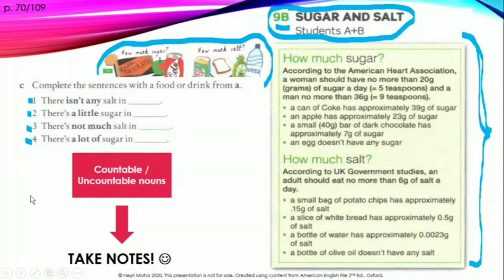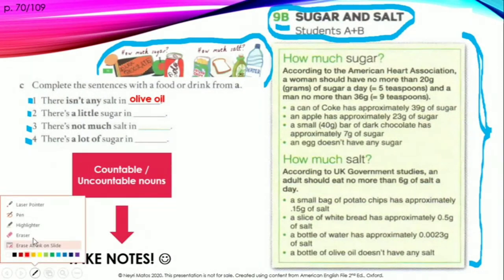Let's check. So let's see here in this text how much sugar or salt or other things we have in these kinds of food, right? So here in number 1, we have this sentence. There isn't any salt in olive oil.